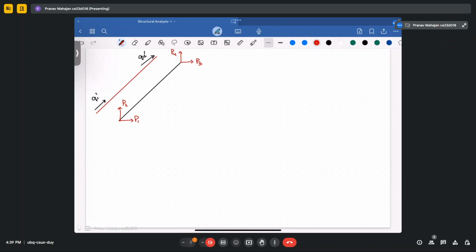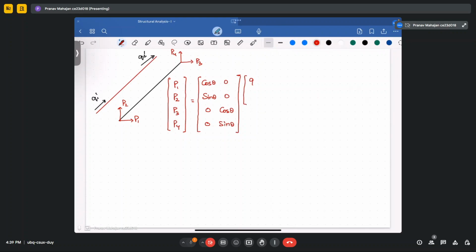You can take the inverse of the previous matrix. So P1, P2, P3, P4 will be equal to the matrix with cos theta, sin theta, cos theta, sin theta. This is how you can write the global forces in terms of the local forces.